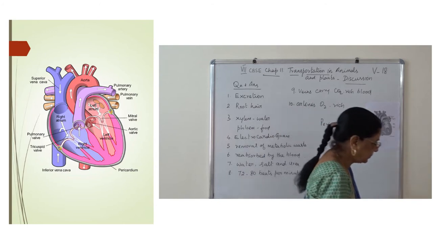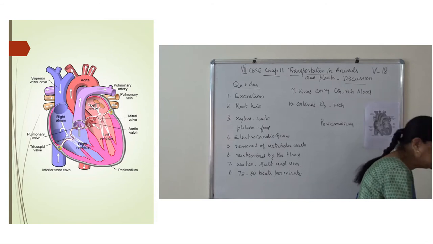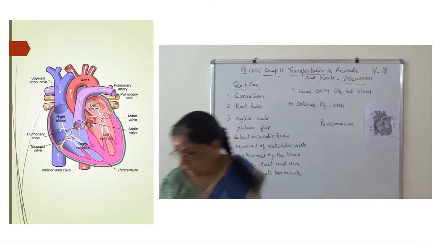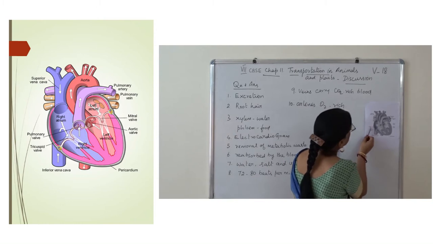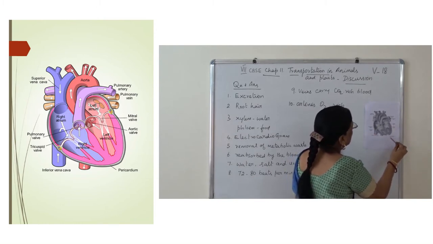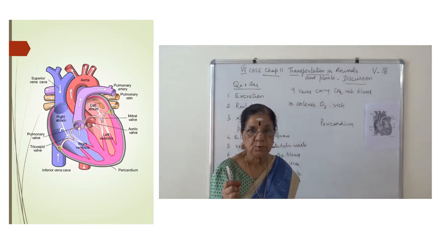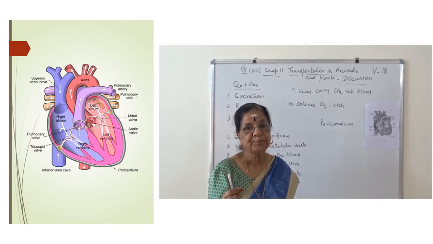This pericardium is formed of two outer layers, and in between it is filled with pericardial fluid, and that pericardial fluid acts as a shock absorber.